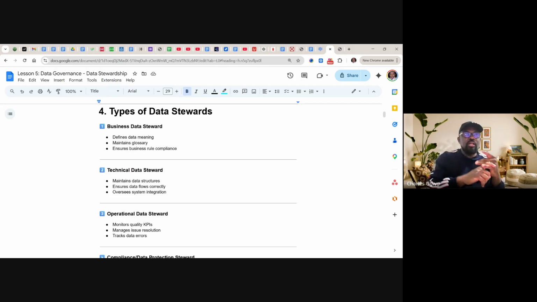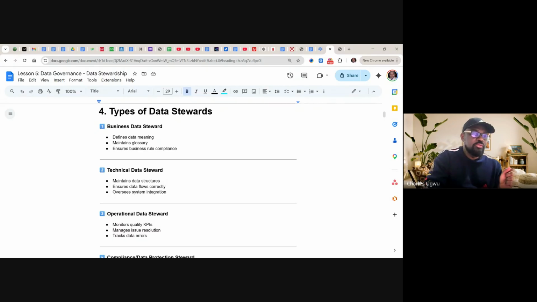Data must be able to flow around. It might require some level of integration, so you must be able to work with data engineers to get that done.